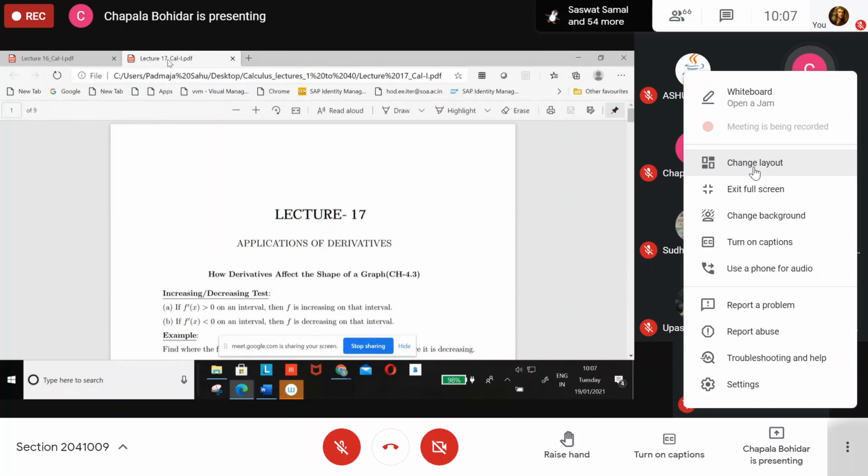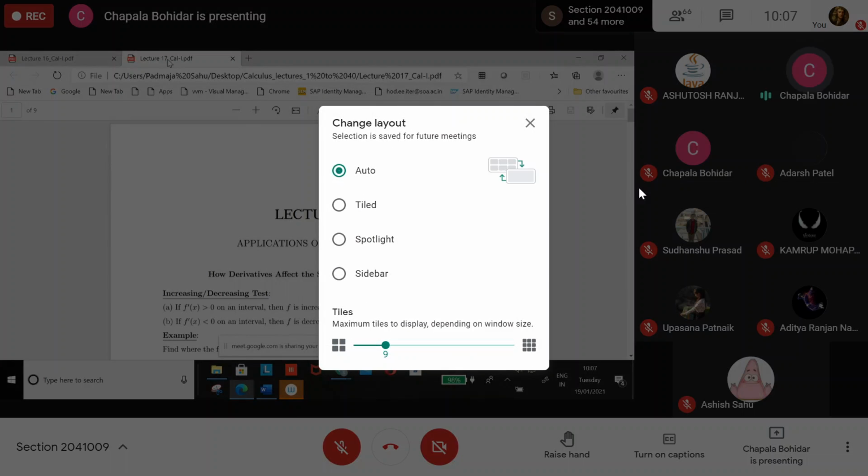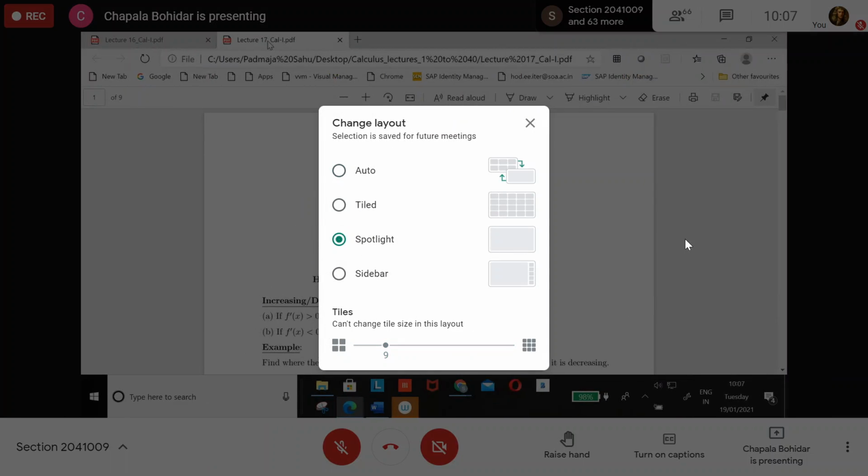How the derivative affects increasing and decreasing test?